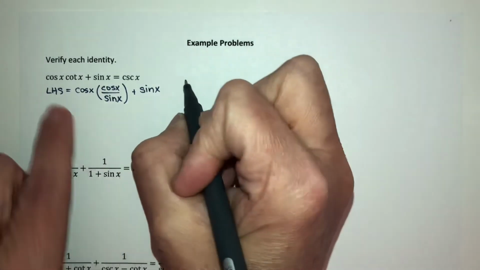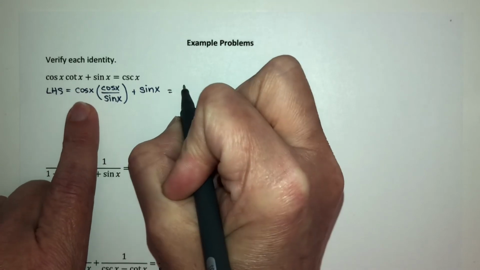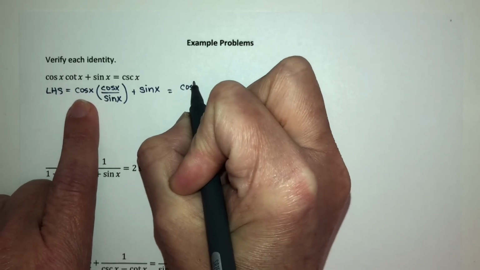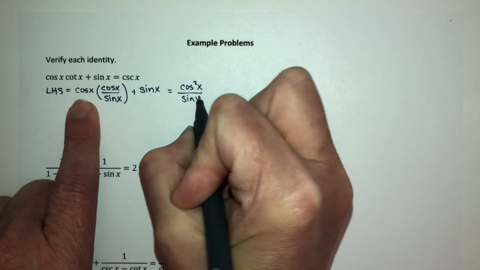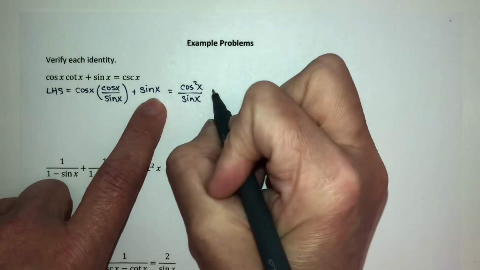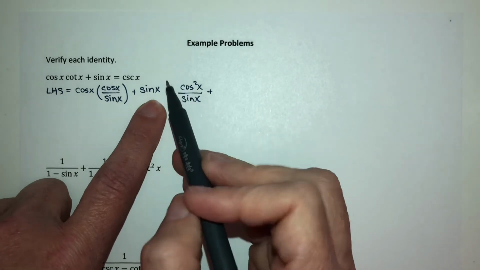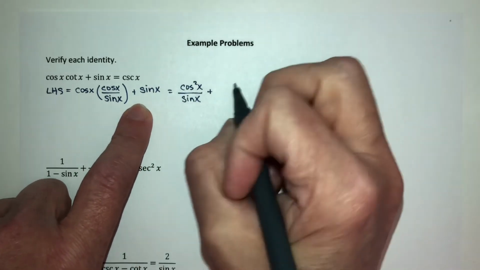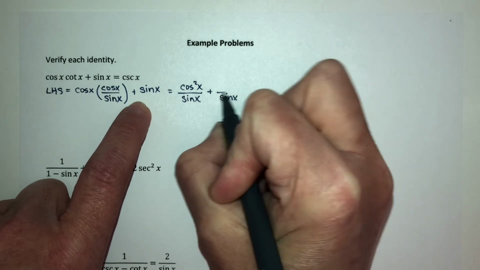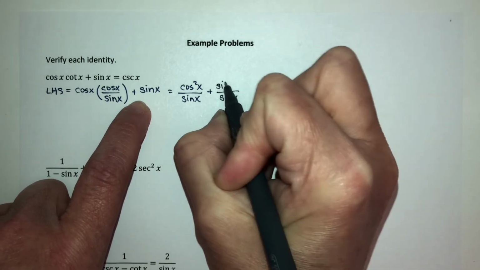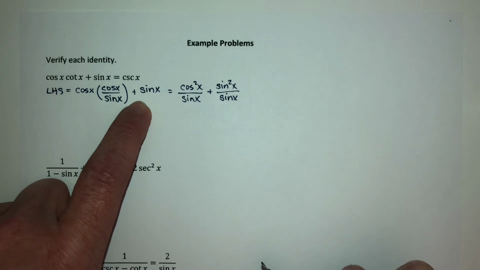Okay, so multiplying here, I have cosine squared x over sine x. And here I have just sine. Well, I want to be able to combine these, so I'm going to get a common denominator. So if I write this as something over sine x, then this is sine squared of x.